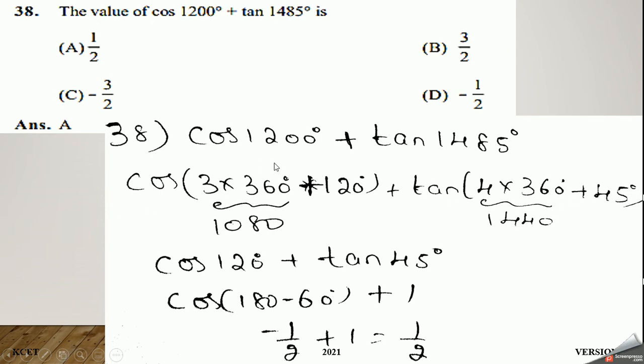Okay, so here this reduces to, since it is 3 into 360, this comes to the first quadrant, so it is cos 120 degree. Same way here it lies in first quadrant, tan 45. Tan 45 is 1. Further 120 lies in second quadrant, which can be written as 180 minus 60, and in second quadrant cos is negative, so you are going to get this as minus 1 by 2 plus 1, which is equal to 1 by 2. Option A is the answer.